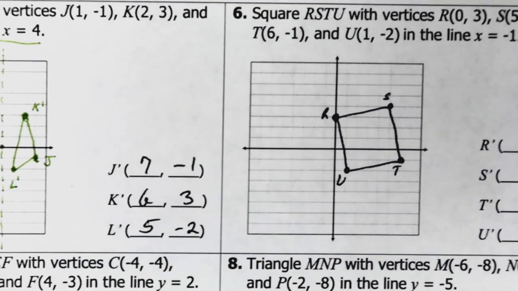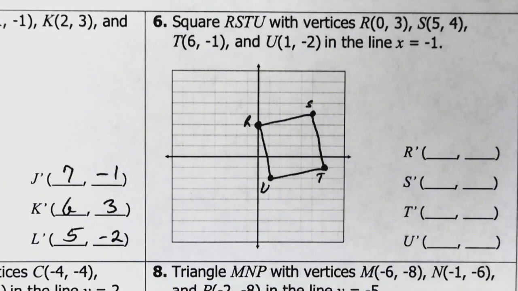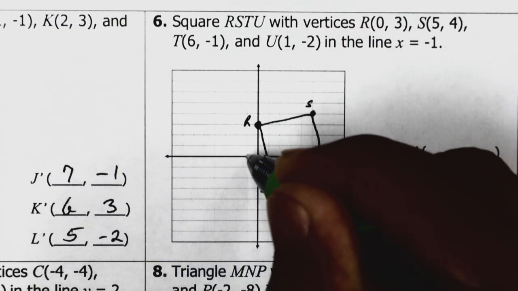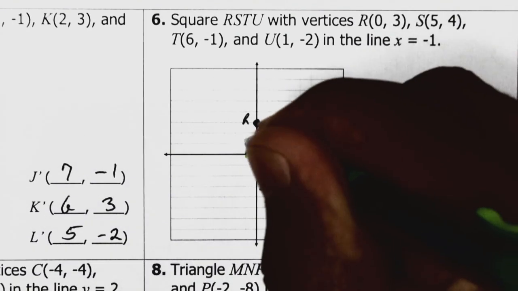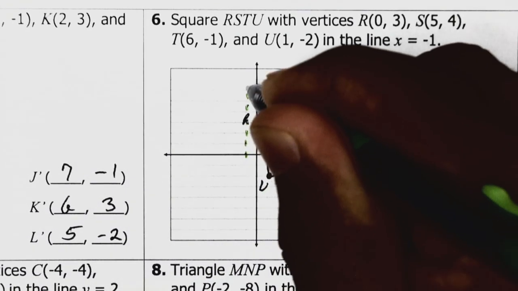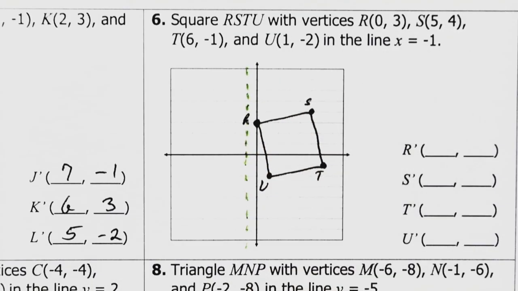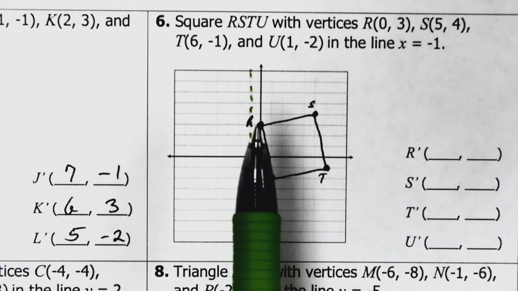Alright, so let's take a look at the next one. So x equals negative 1. So x equals negative 1 is right here. Here's negative 1. So this is going to be my line of reflection right here. Alright, so same thing.